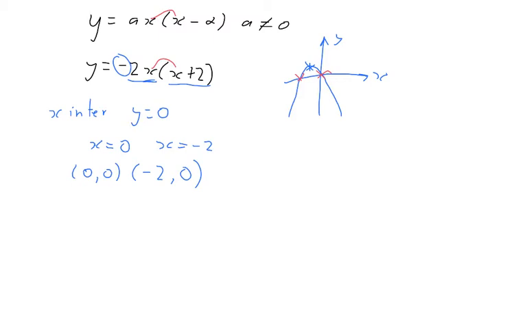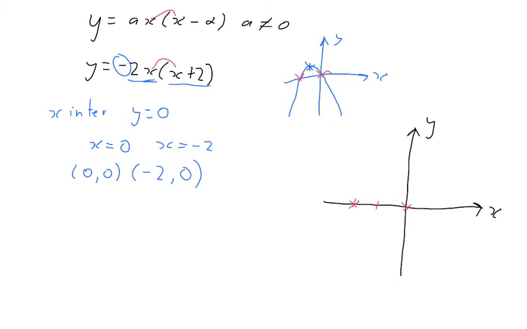So let's draw a new graph, and we can start putting this information on as we need it. x, y. So there's one x-intercept, and we've got 1, 2, there's the other one.